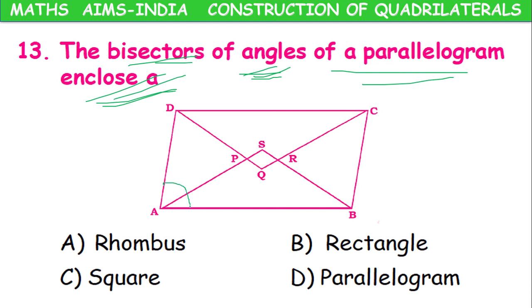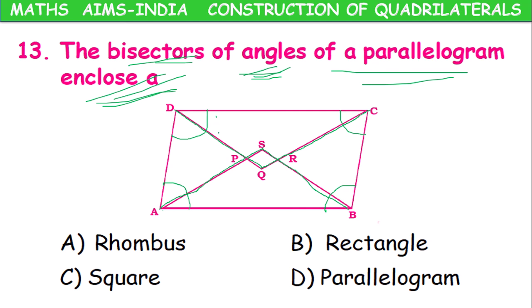If this is angle A, this is angle B, this is angle C, this is angle D. The line which divides angle A into two parts, the line which divides angle D into two parts, and likewise for angle C and angle B, are called bisectors.